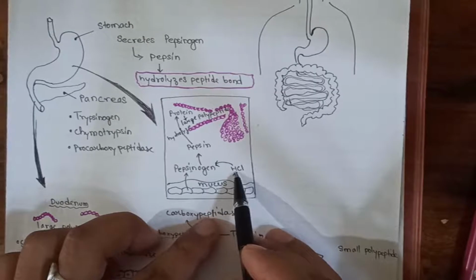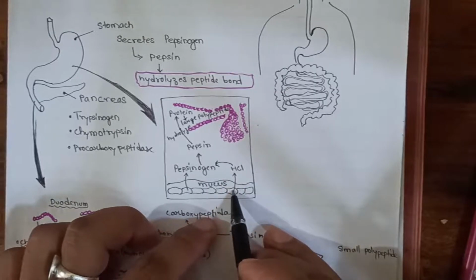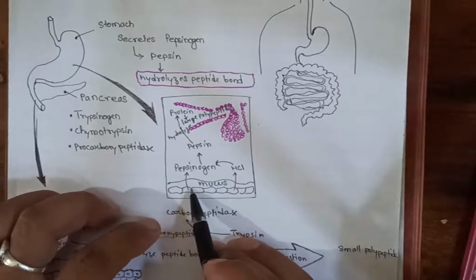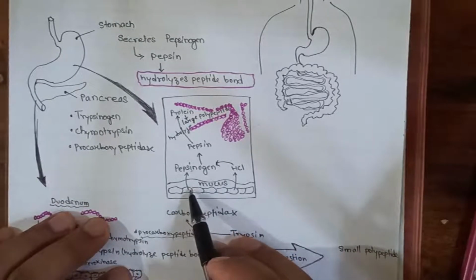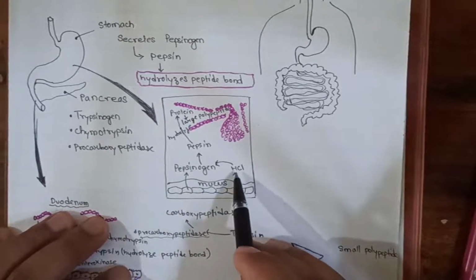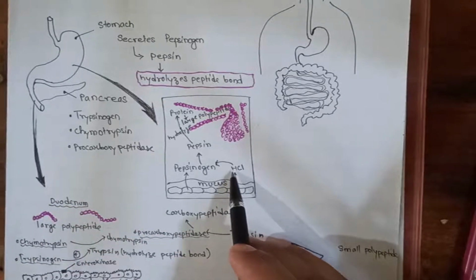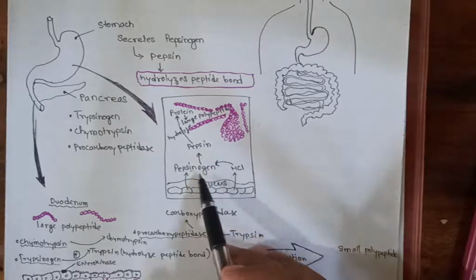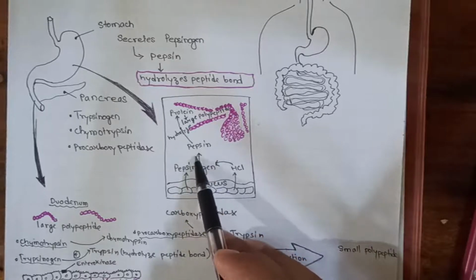This hydrochloric acid is secreted by the parietal cells, and pepsinogen is secreted by the chief cells of the stomach. So this hydrochloric acid assists in making pepsin from pepsinogen.